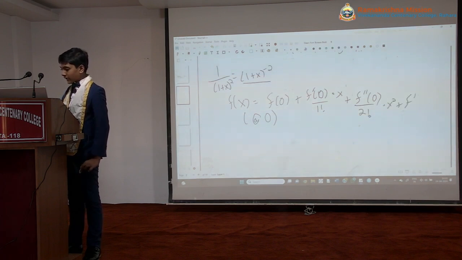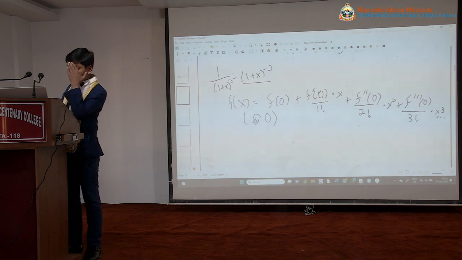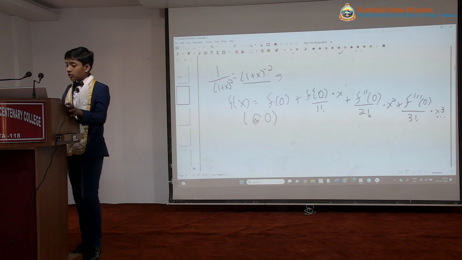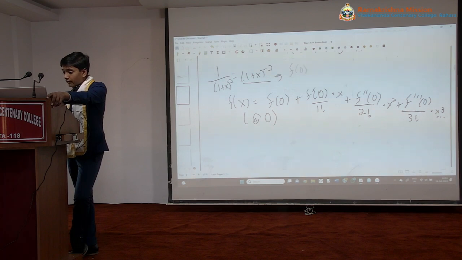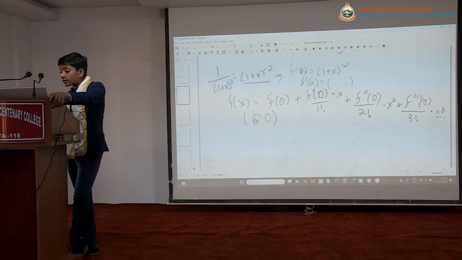Once upon a time, I actually learned why these Taylor expansions worked, but that's a lecture for another time. So this keeps going on. And now, this has a very unique form for its derivatives. So, for example, f of x, the 0th derivative, is what you get here. f prime of x is equal to minus 2.